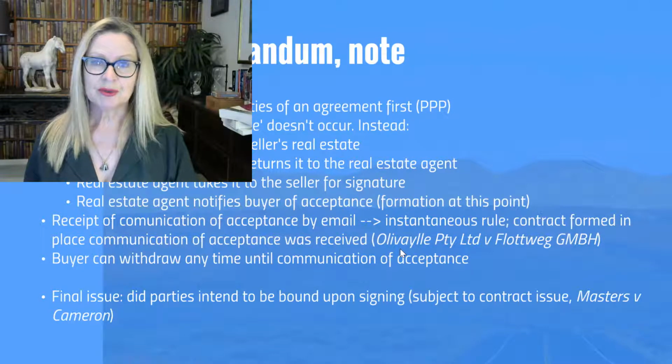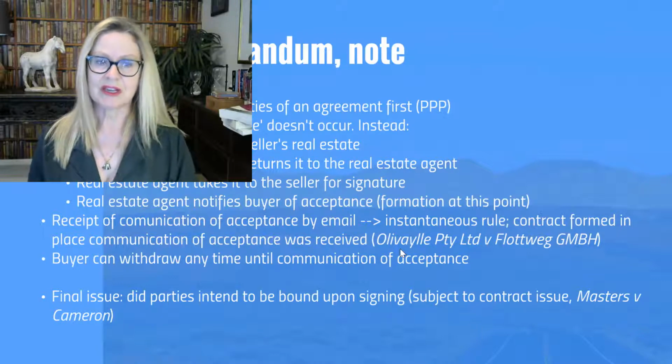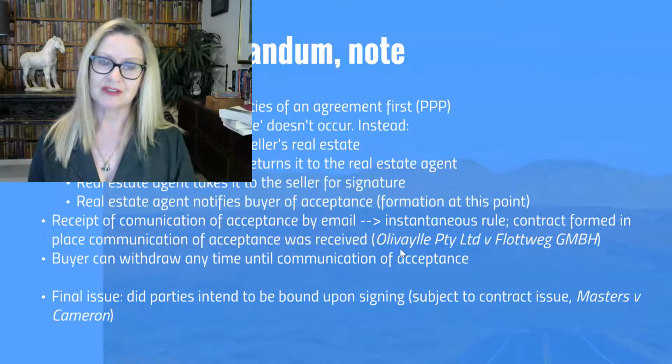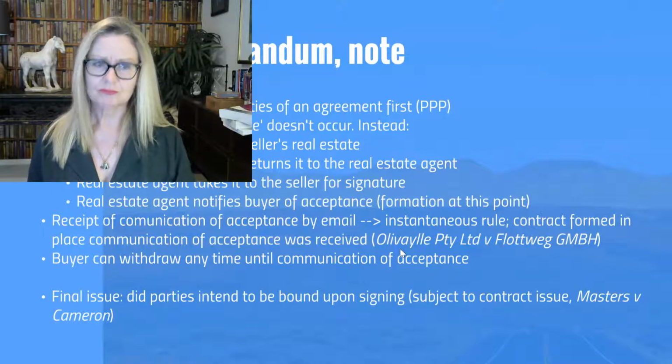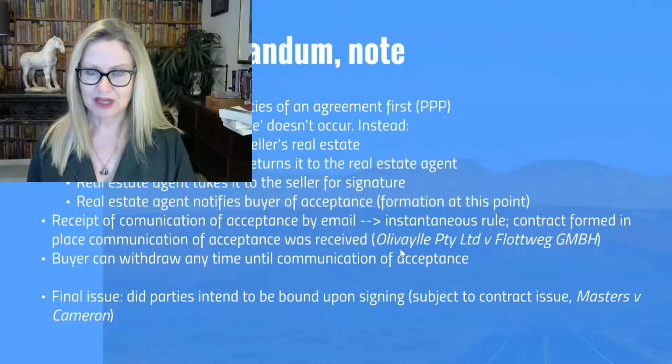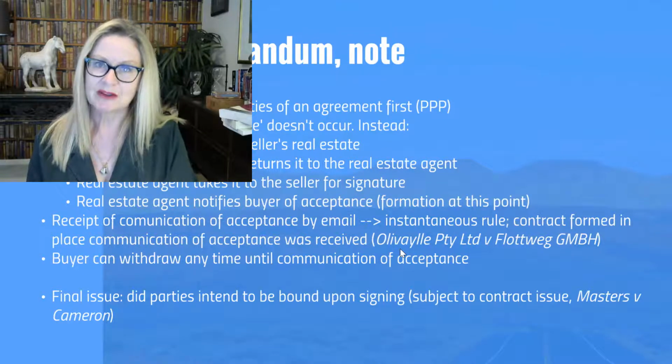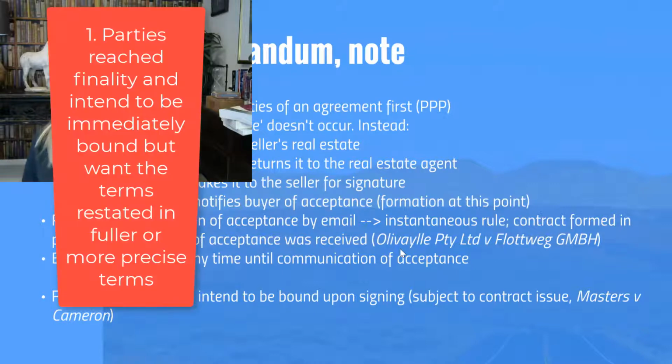The final issue that the text goes into is just having a look at where you are not using a standard form contract. Is this the kind of contract that indicates the parties intended to be immediately bound? And here we have all of that good Masters and Cameron stuff that we learned in contract law.